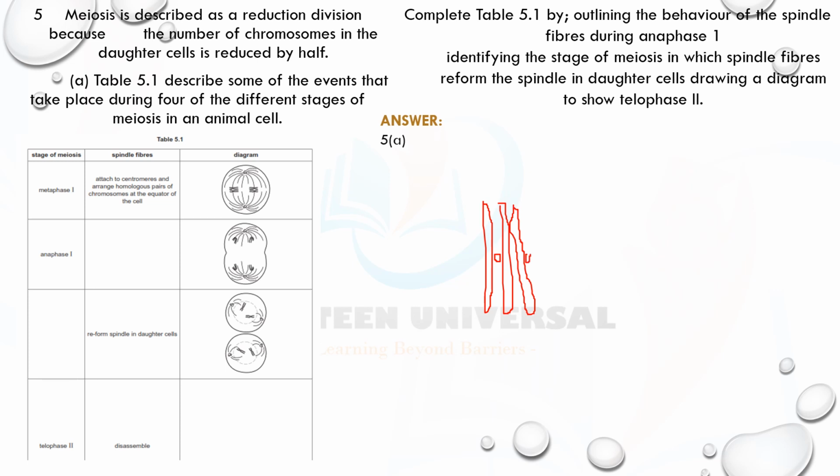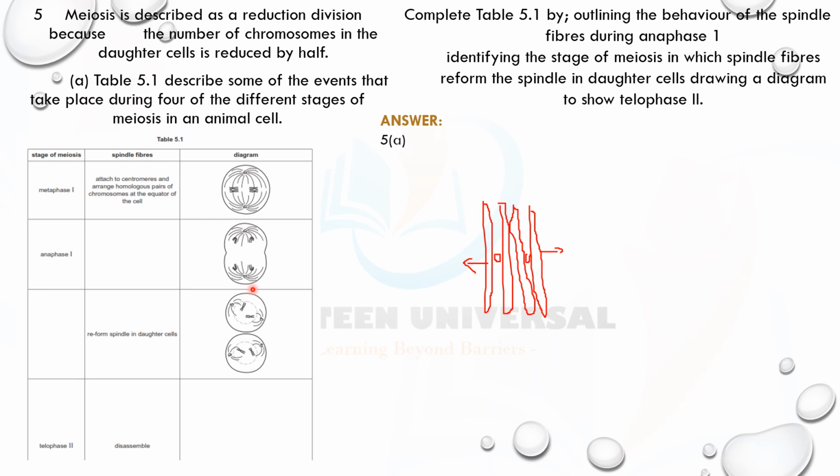During anaphase 1, the two chromosomes are separated. This is pulled to this pole. How it is pulled is that the spindle fibers contract, they shorten, they depolymerize, and shorten at the poles, pulling these whole chromosomes of the bivalent apart.